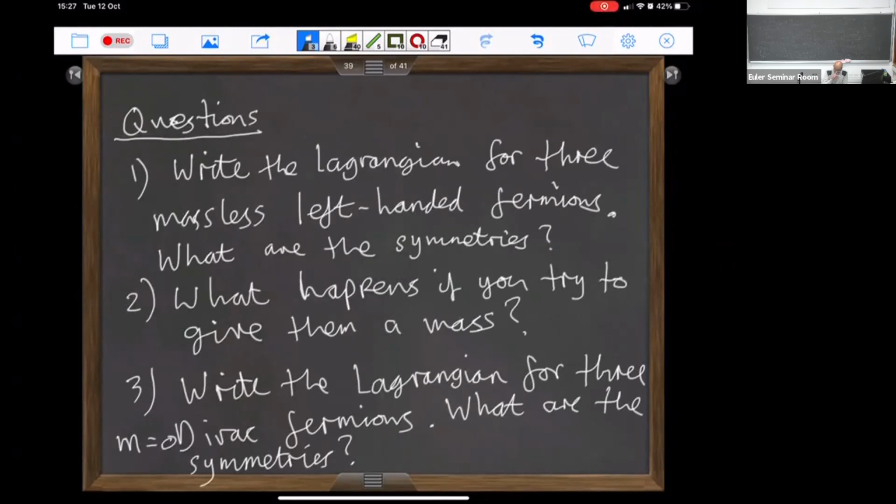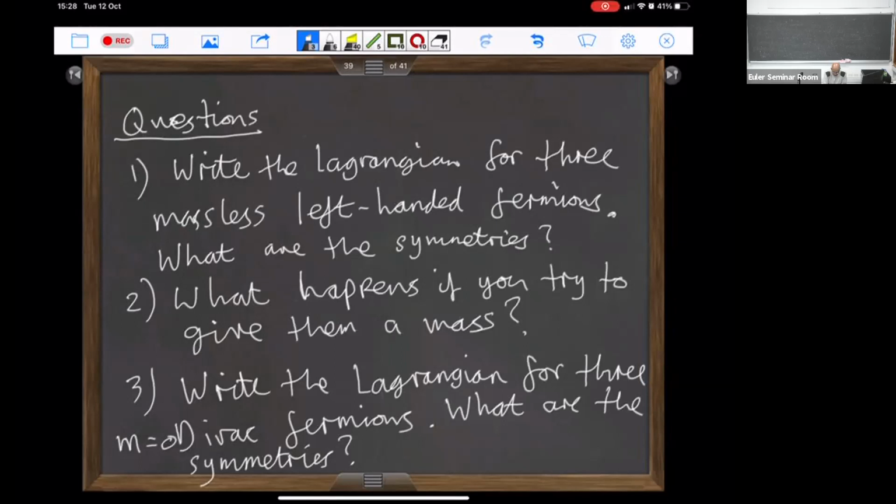Okay. So I'll end with a whole bunch of exercises, which are the following. The first one, let's consider the Lagrangian for 3 massless left-handed fermions. So the question is, what are the symmetries of this theory? Second question, what happens if you try to give that system a mass?